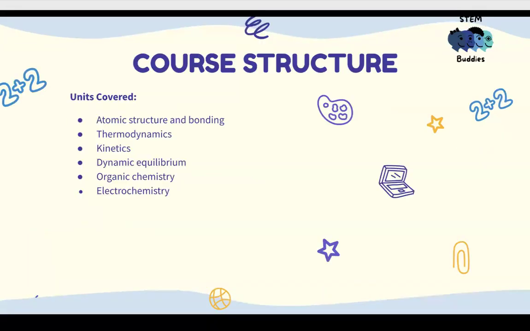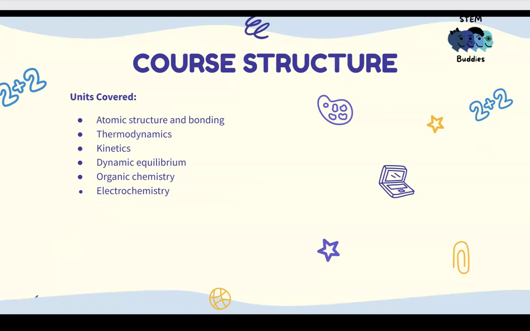Next slide. Okay, so this really depends on your teacher, but usually the units that are covered in chemistry include atomic structure and bonding, like the wave particle duality of electrons, the Bohr model, electron configuration, hybridization, all of that.